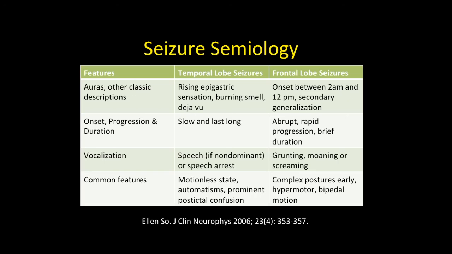Makes sense, right? More motor in their features. Temporal lobe seizures tend to be slow and last long, where frontal lobe seizures are rapid and brief. And then common features of temporal lobe seizures are usually an emotionless state or some postictal confusion, where the frontal lobe seizures are complex postures, hypermotor, and bipedal or leg motions.